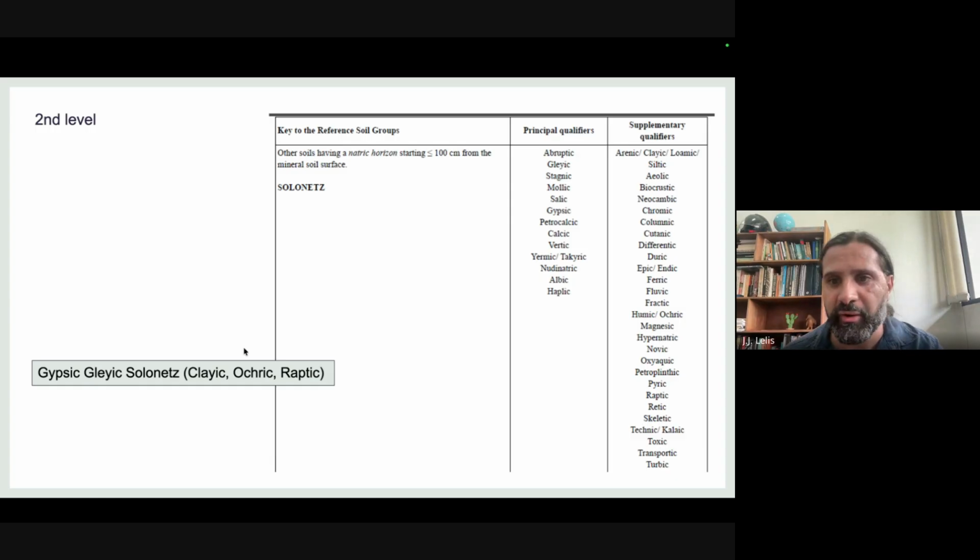I like it very much because it shows you that that specific soil has a complex process that needs a huge and more complex name to express it. Okay, so simpler names will express simpler soils, and more complex and huge names will express more complex soils.